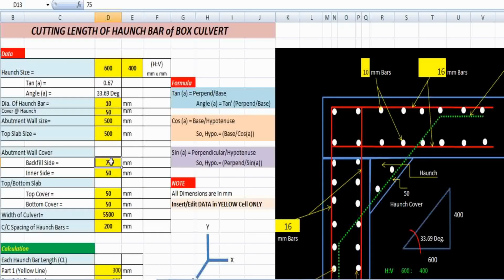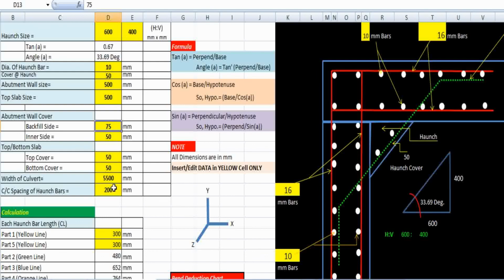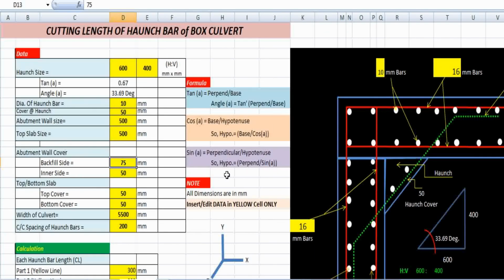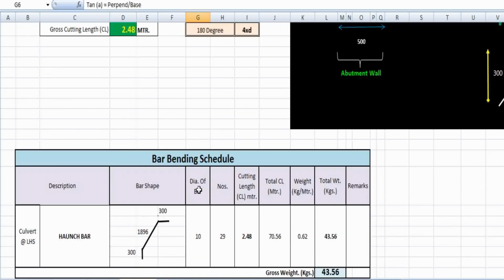So by changing those values as per your requirement or as given in your drawing schedule, you can easily calculate any haunch size and shape and easily prepare a BBS by this method.